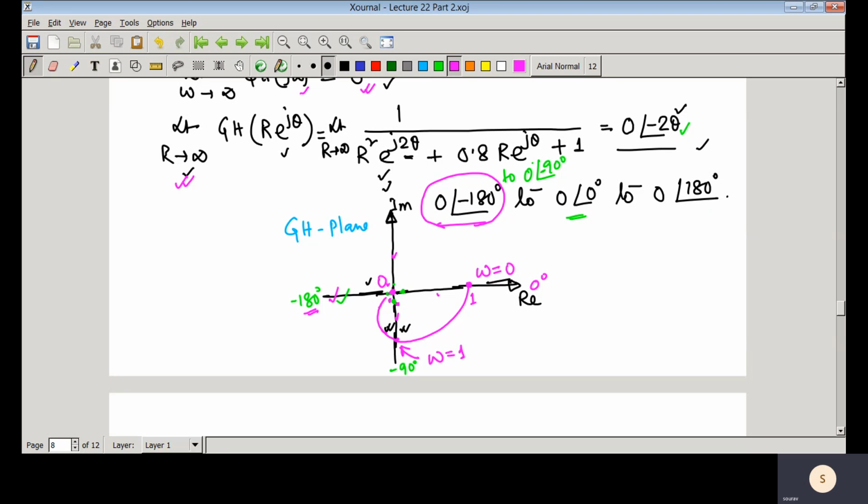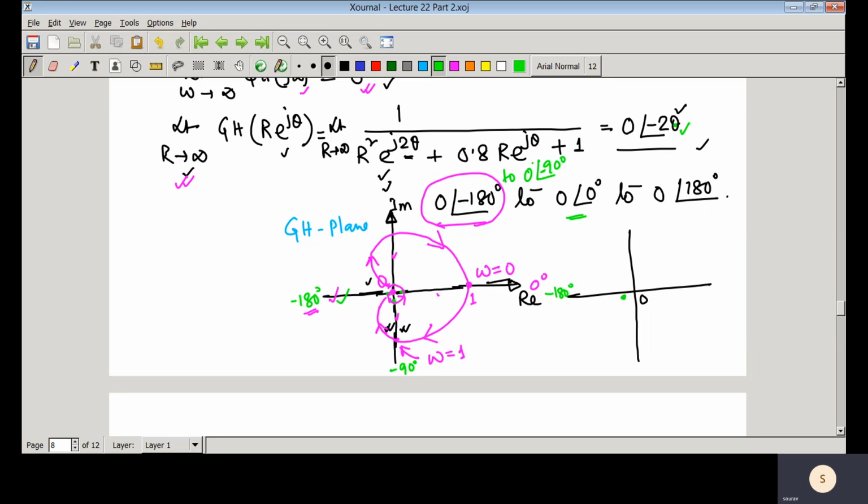So basically there would be a small circle like this, and it is symmetric with respect to the real axis. So I am just zooming into this particular point, what is happening here at 0. So this is that 0. So you reach here very close to that minus 180 degree axis, because it never cuts that real axis, the reason we have seen.